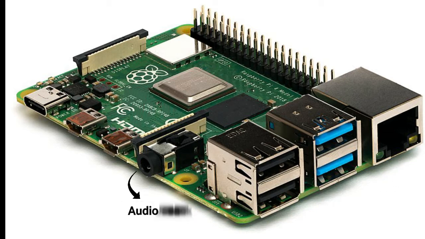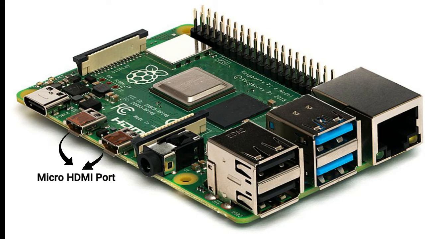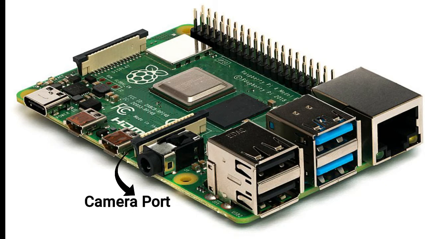This is the audio jack where you can connect a speaker or microphone, and those two are micro HDMI ports where you can connect a computer monitor or TV monitor, and this is the camera port where you can connect a Raspberry Pi camera like this.